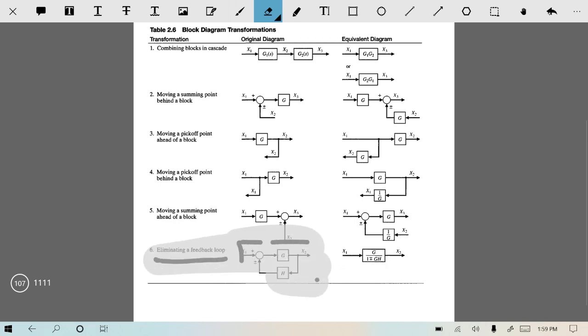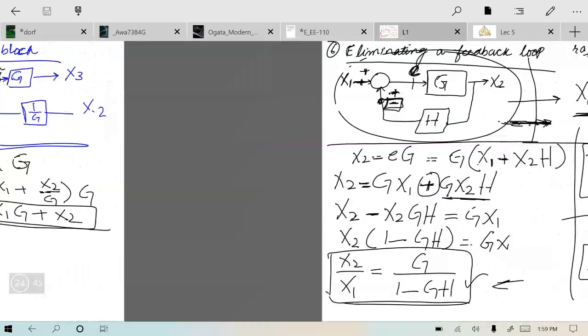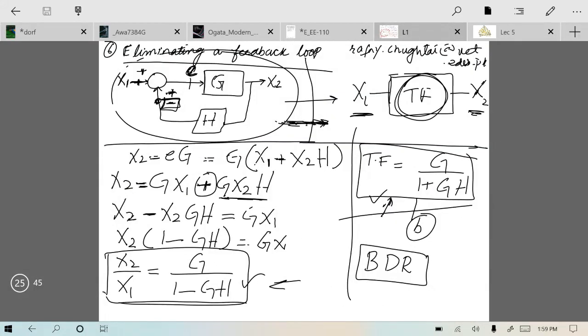Let's go there. So yes, eliminating a feedback loop. You had a feedback loop over here and you wanted it to be converted into a single block.